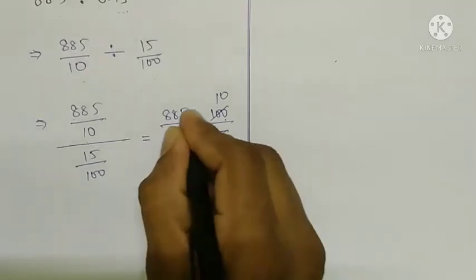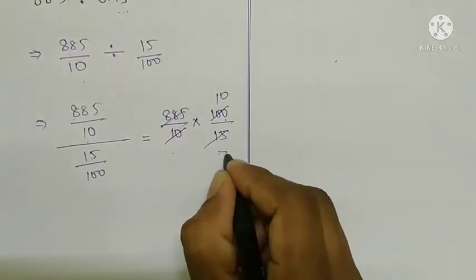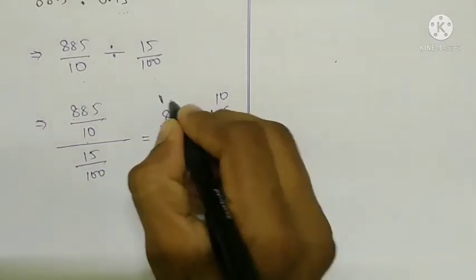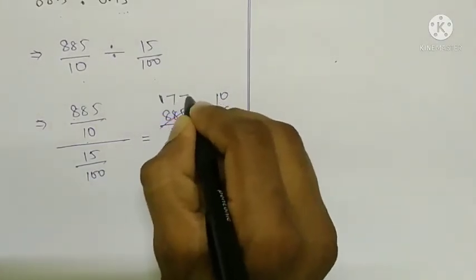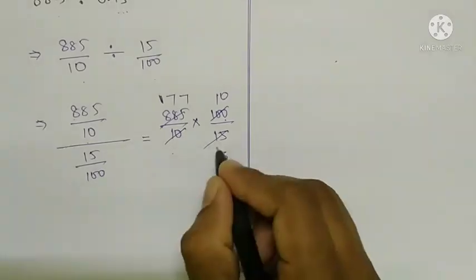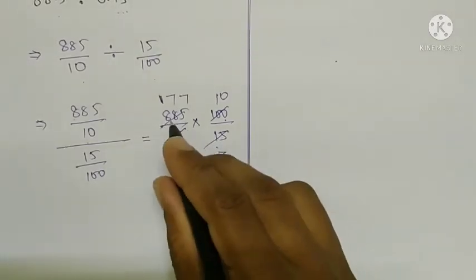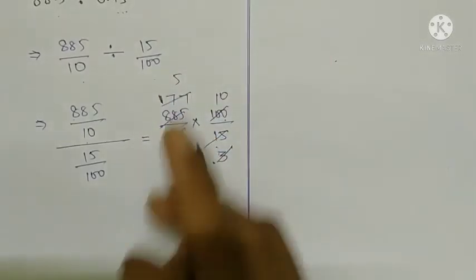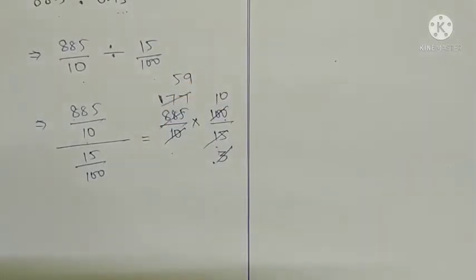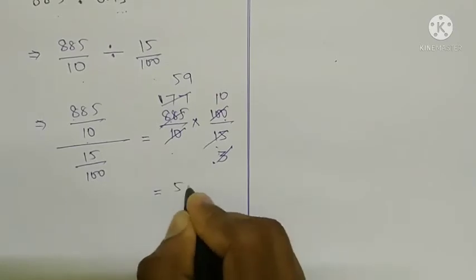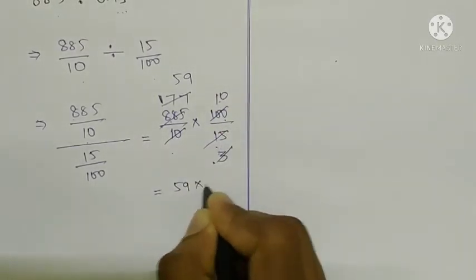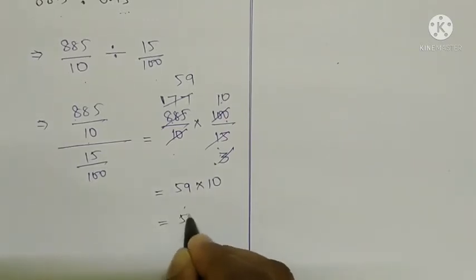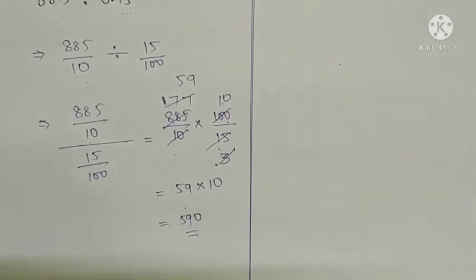So 5 3s are 15, 5 1s are 5, 5 7s are 35, again 5 7s are 35. So 3 how many times divides 177? 3 5s are 15, 3 9s are 27. So finally 59 into 10 means 590 is your final result.